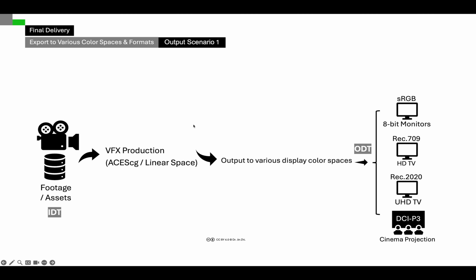Then eventually, during visual effects production, we convert them into ACEScg. For a final output, we need to consider something called ODT, Output Device Transform. For instance, sRGB will be used for computer monitors, and Rec 709 and Rec 2020 are for TV sets, and also DCI-P3 is for cinema projection color space.